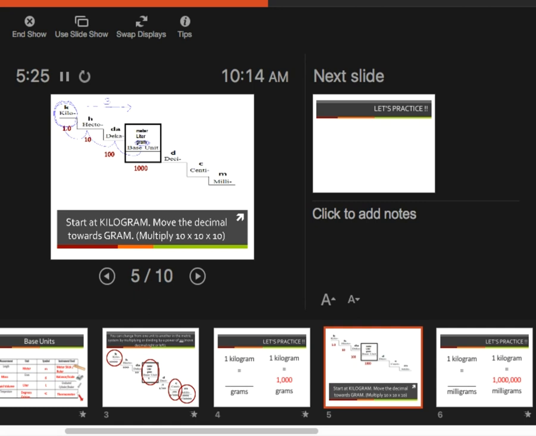The easiest way to do this is to move the decimal the same amount of steps. So if I've got 1 kilogram, I move the decimal 3 times, 1, 2, 3 to the right, and fill in the spaces with my zeros for 1,000 grams. Let's try another one.